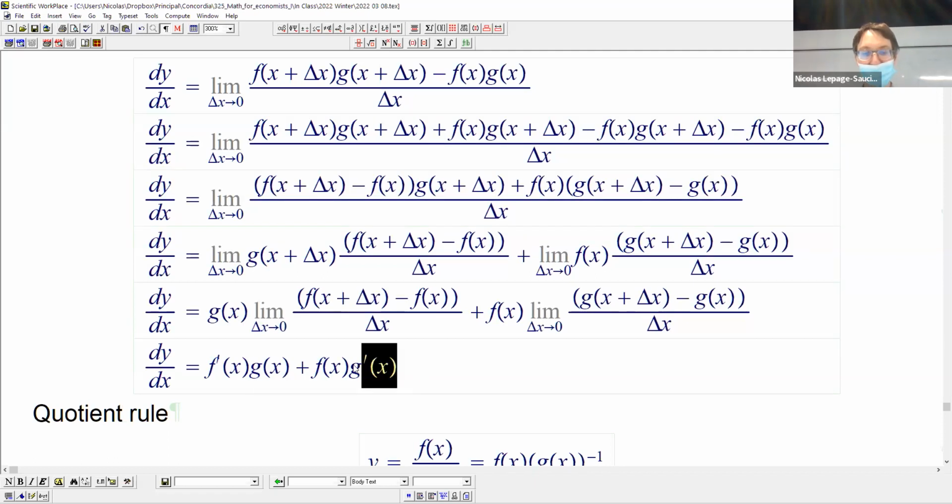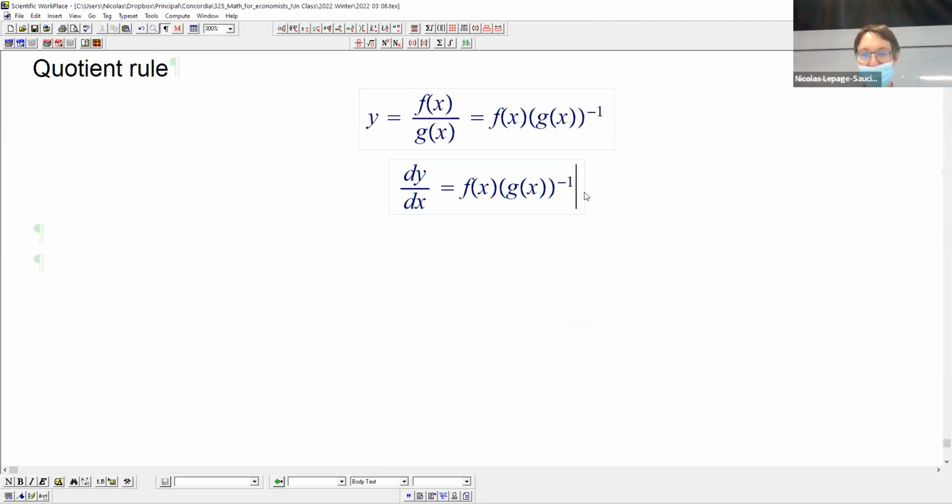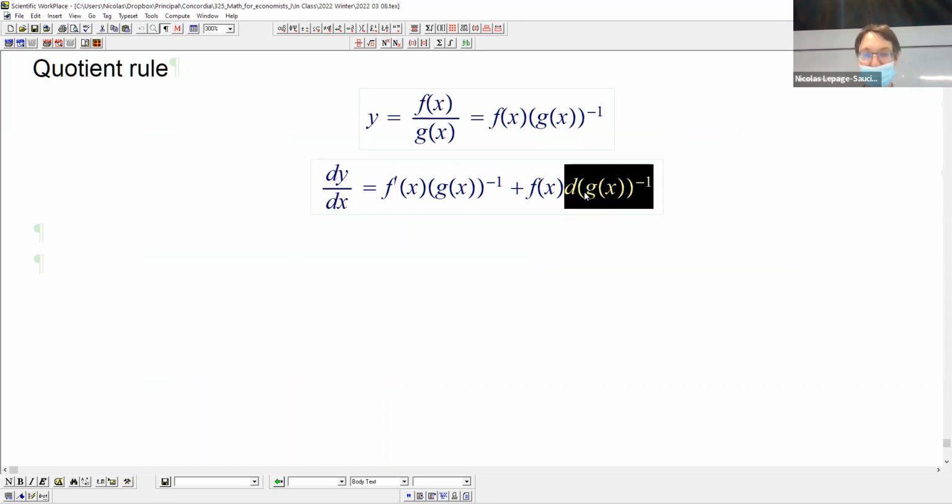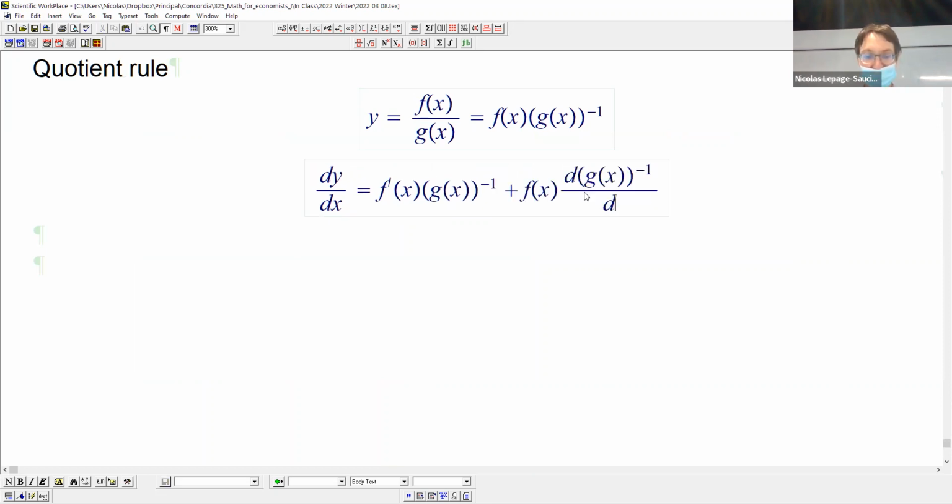That's how it's written. So I'm going to get f prime of x times g to the minus 1 plus f of x times, so let's write it this way, d of this thing dx.